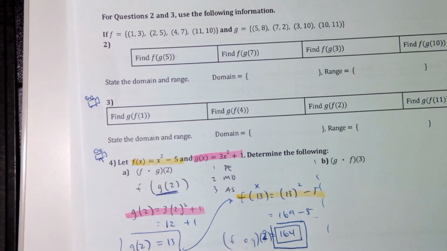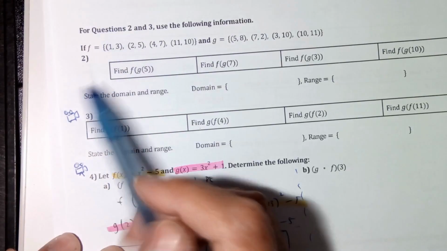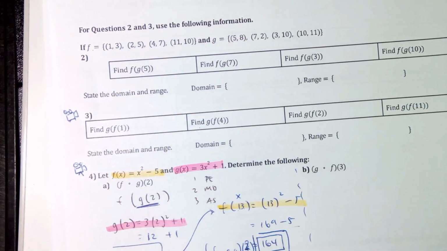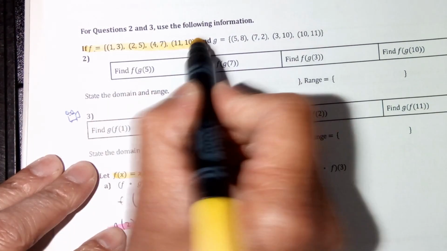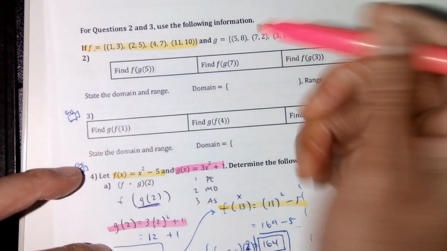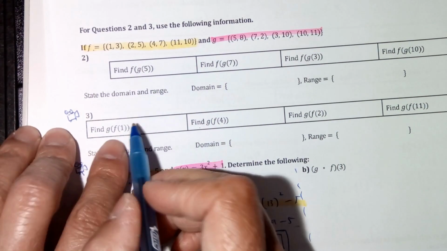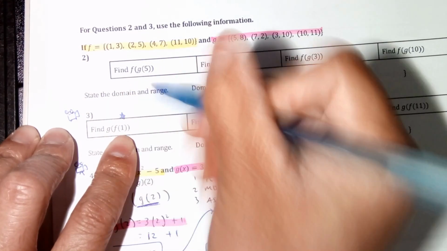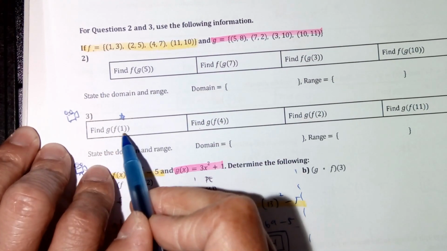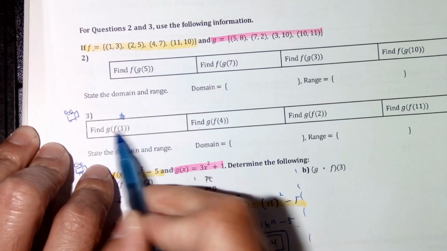All right, in question number 3, we're given two functions, function f and function g, which is in pink. Again, the trick is to start on the inside, and if you need to put a little star, you're starting there. So it's telling me f of 1.